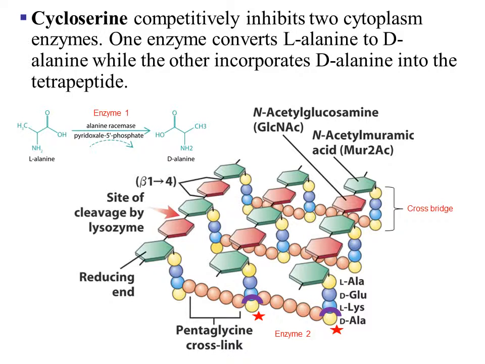And remember, the tetrapeptide is a cross bridge that binds to NAM. The second enzyme is going to incorporate the D-alanine into the tetrapeptide. So cycloserine is going to block that process also. Therefore, I have a little purple shield. So if I block the incorporation of the D-alanine into the tetrapeptide, I therefore also will block the layers from forming.